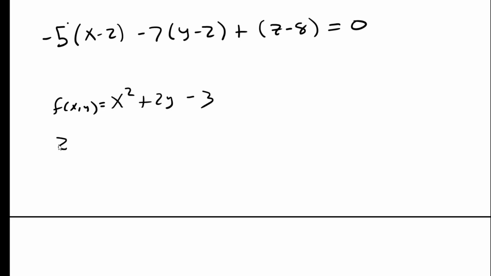So I set up the function z equals f of x, y, and then I'm going to move all of the variables over to one side and all of the constants over to the other. So I'm going to have z minus x squared minus 2y equals minus 3.